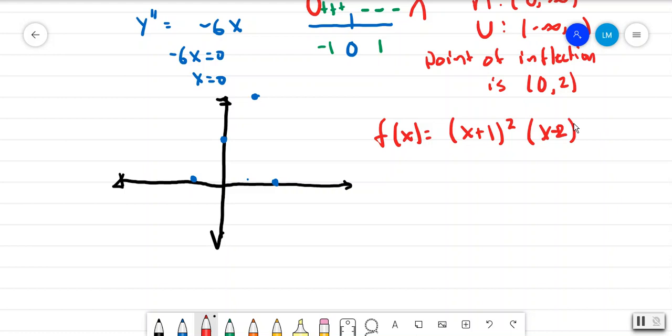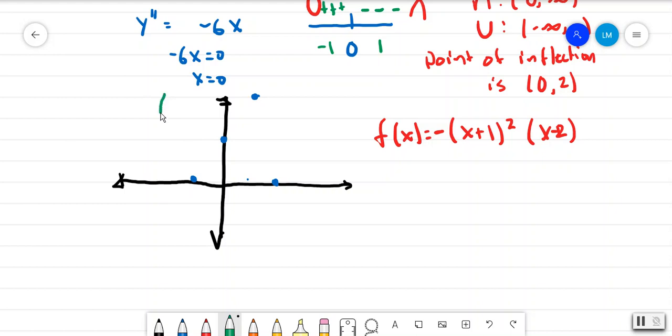Wait a second. But it's negative. Yeah, so it's negative.